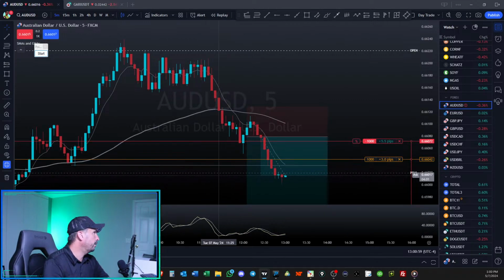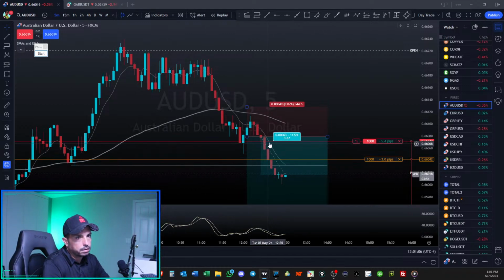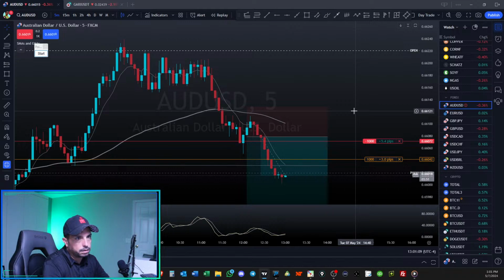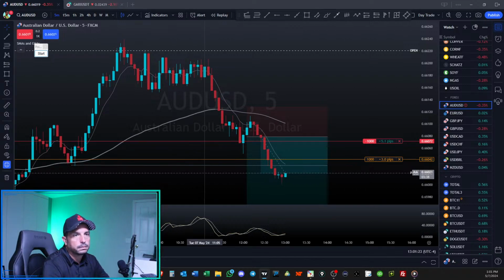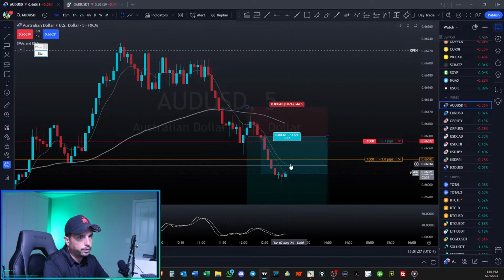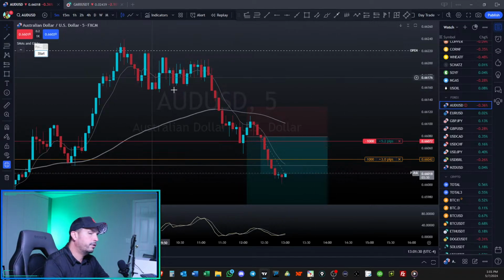Do you use a moving average? Any moving average? Or here it's already on the moving average. If you use the moving average, you use it as where you want to put the stop.